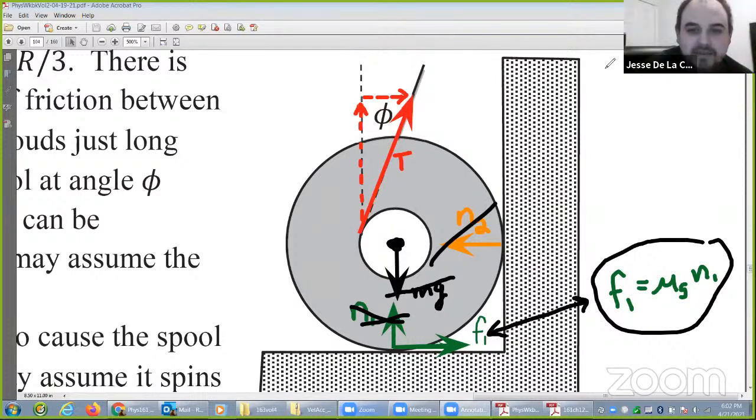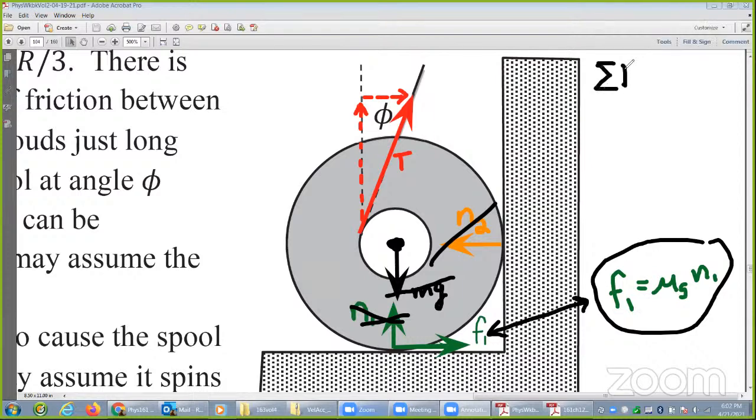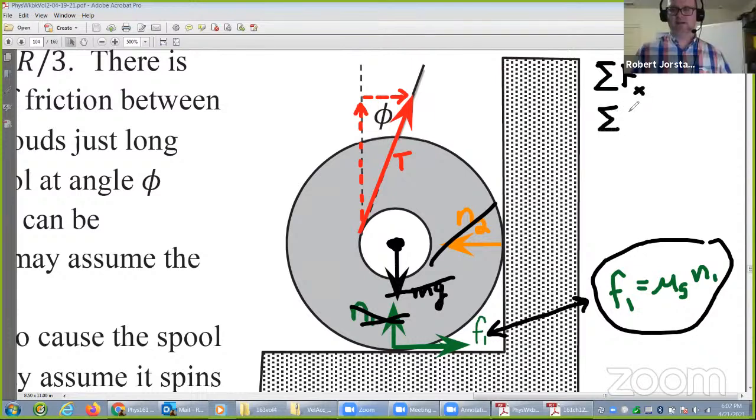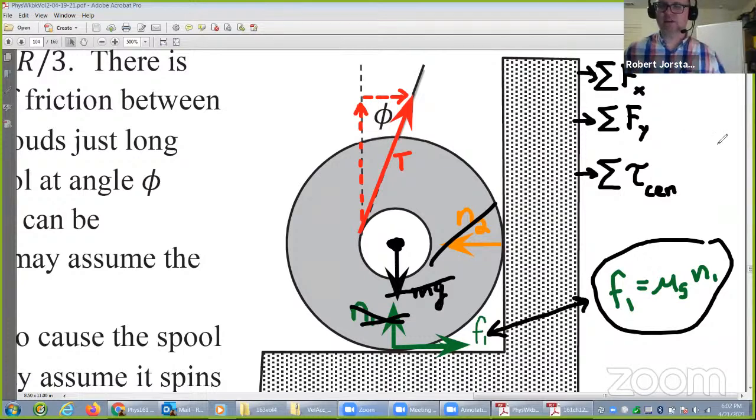And then she'd technically do F2 equals the U component of tension to the right, which is the same as a normal force too. Something like that. You could write down sum of torques about the center, sum of forces in the X, sum of forces in the Y. That would give you 3 equations.